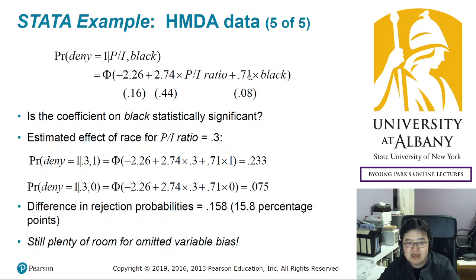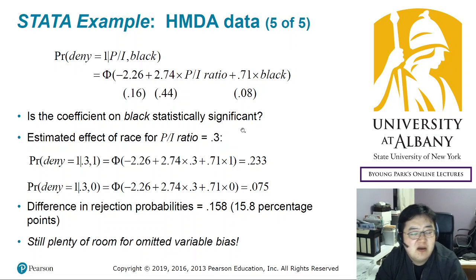As I said, the coefficient cannot be interpreted as the difference in probability. It only means that being black increases the score by 0.71 points. But the score has no real substance, so it means nothing. And now we will study what's going on in this nonlinear model.